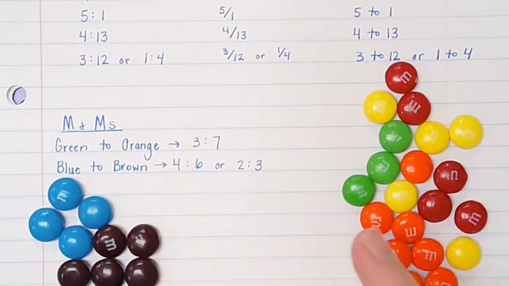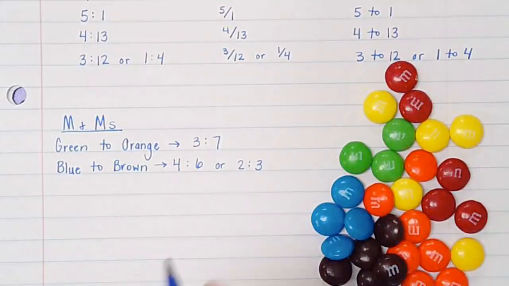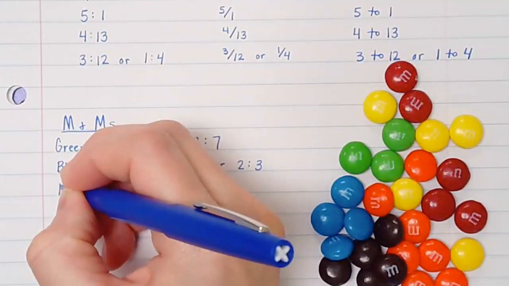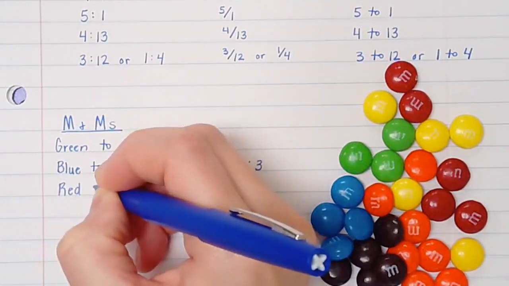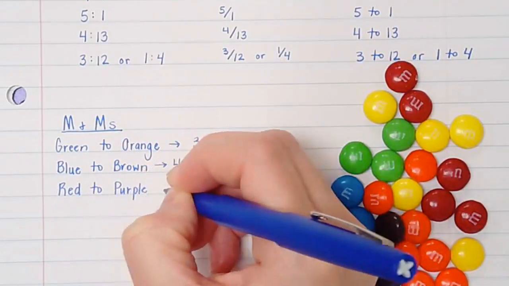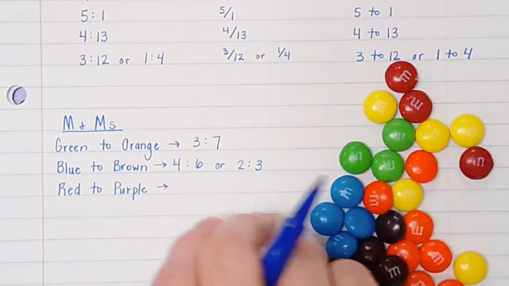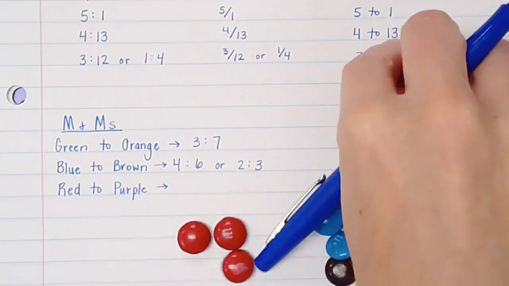What if I did the ratio of reds to purple? Red has to come first. There's 1, 2, 3, 4, 5 reds.